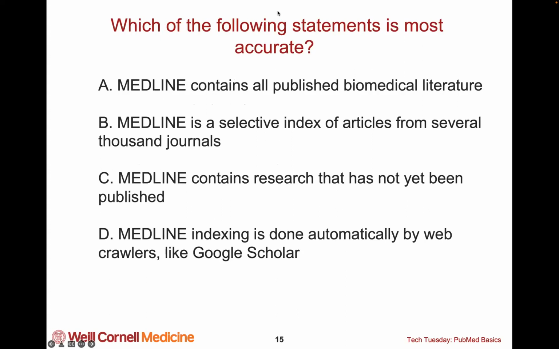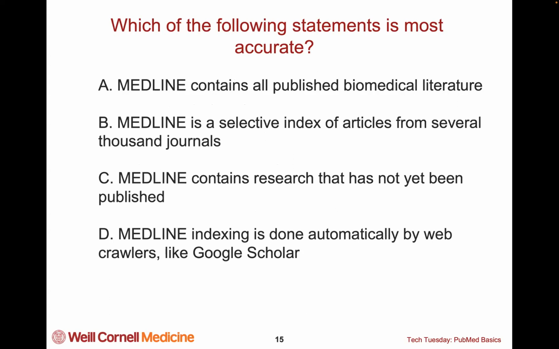So to wrap up, we are going to first have a couple poll questions. So our first question is, which of the following statements is most accurate? Pick one. So Medline contains all published biomedical.